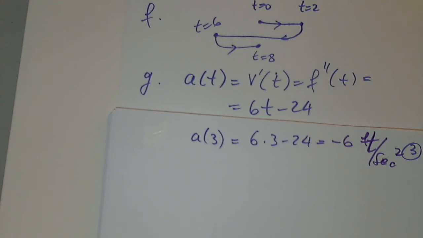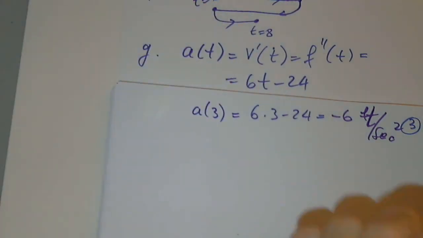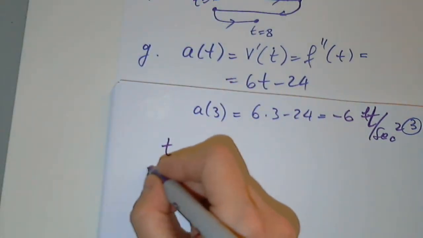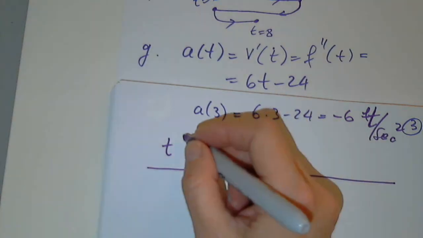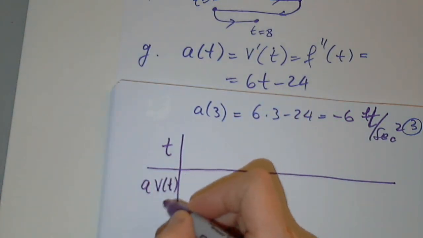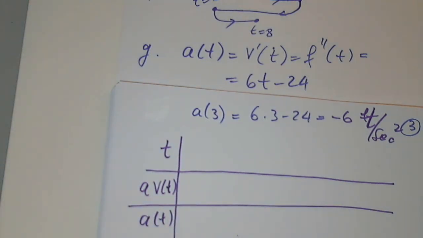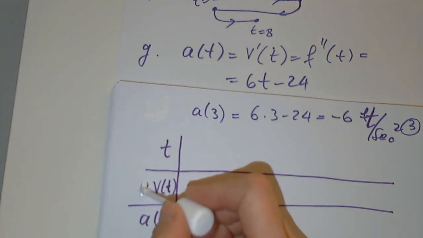When is the particle speeding up and when is it slowing down? And that's finally Colby's question. So please pay attention to this table. I want V of t first, and I want A of t. It doesn't really matter. If you put A first and V second, it doesn't matter.